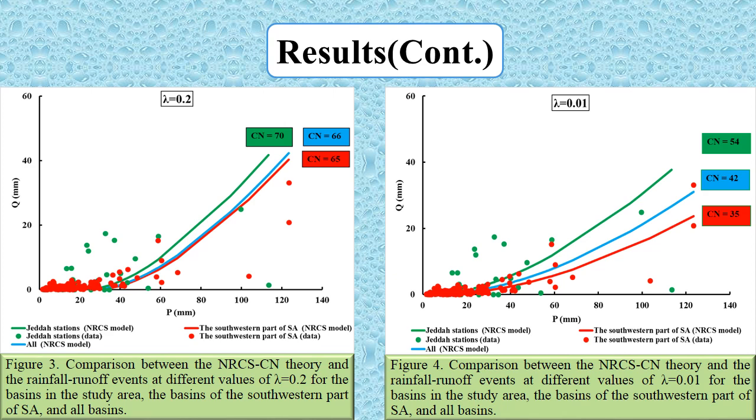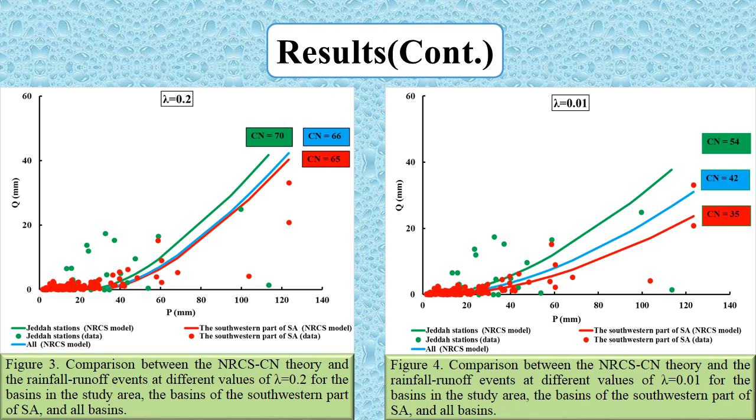If we consider all data, we get a Cn value of about 66. If we take 0.01 as lambda, the initial abstraction ratio, we get these values, and the fit even looks better here.